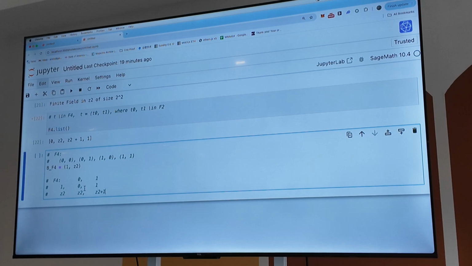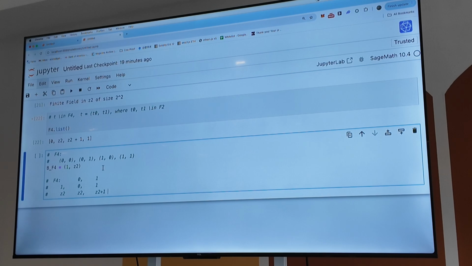So F4 can be seen as a vector space with a basis. We just choose 1 and Z2 as the basis to form that matrix.